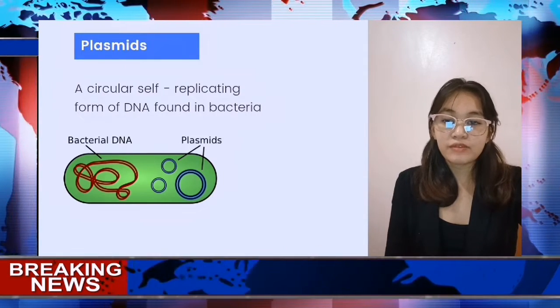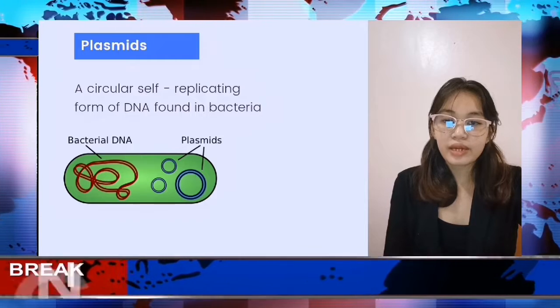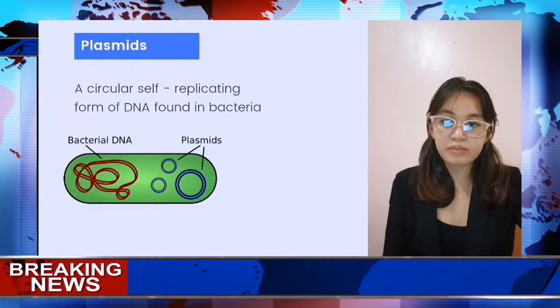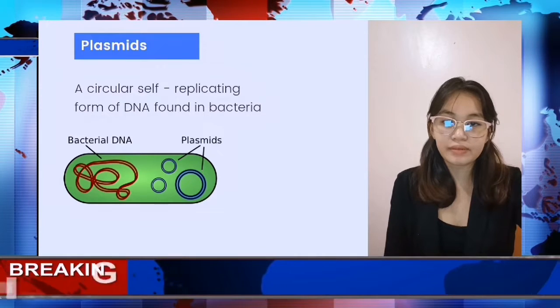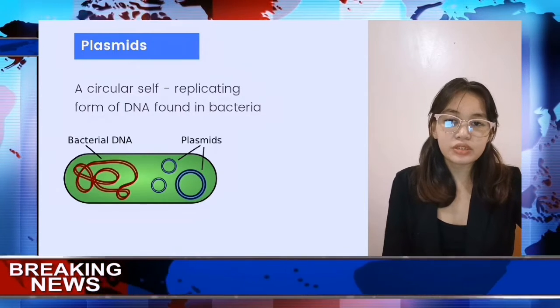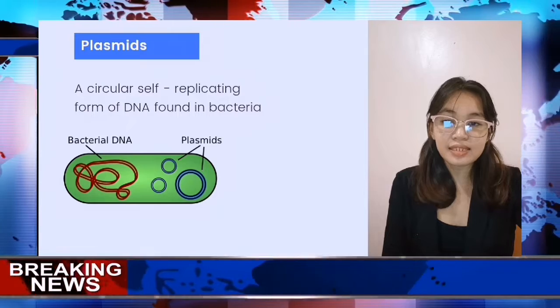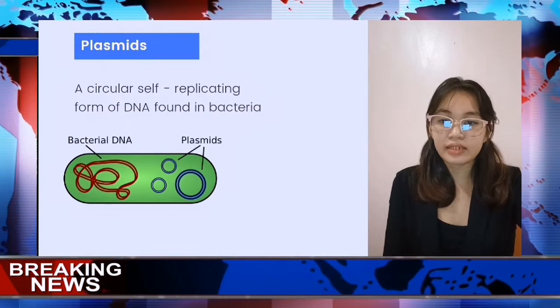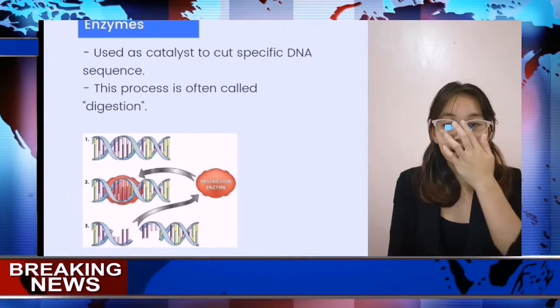First, we need some vocabulary. A plasmid is a circular self-replicating form of DNA found in bacteria. It is important to notice that this is the chromosomal bacterial DNA pictured here in red. There are also enzymes.